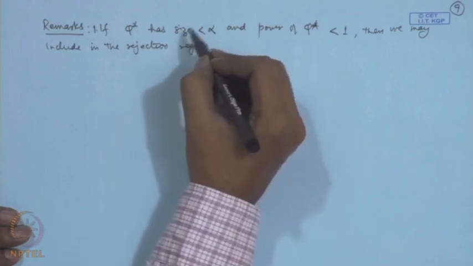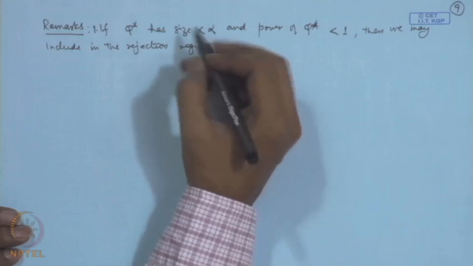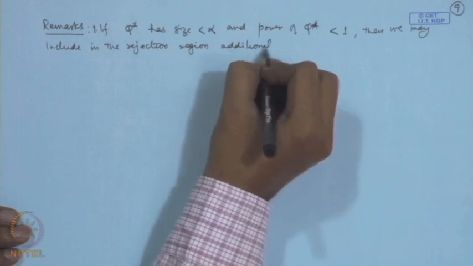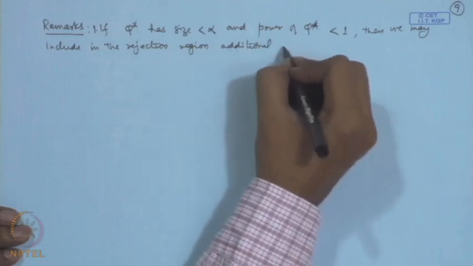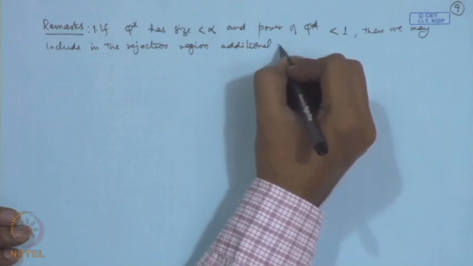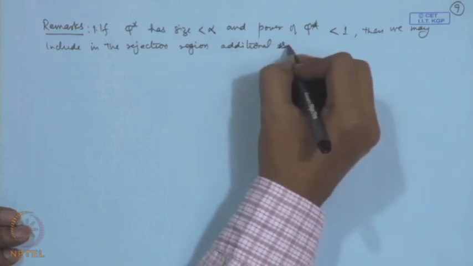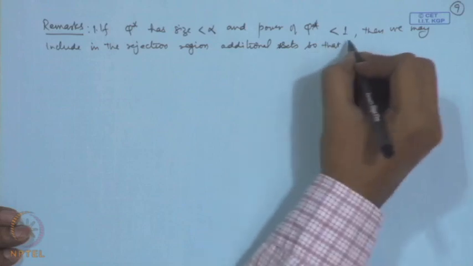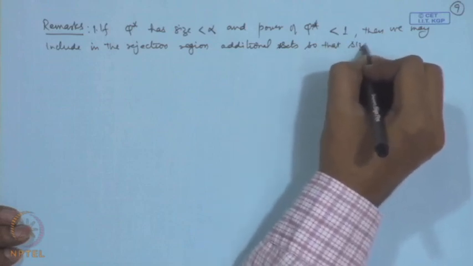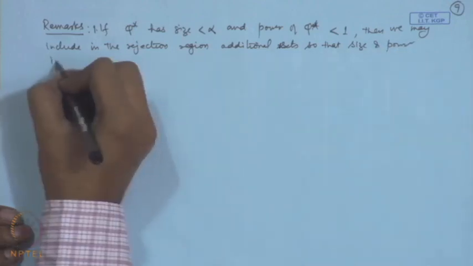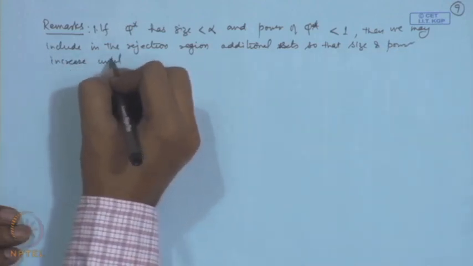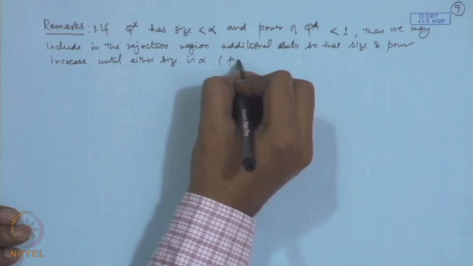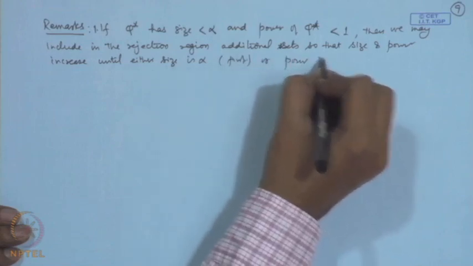See, power and the size both are related to the probability of the rejection region. So, we may include additional points, or you can say additional space or additional set, so that size and power increase until either size is alpha first or power is 1 first.